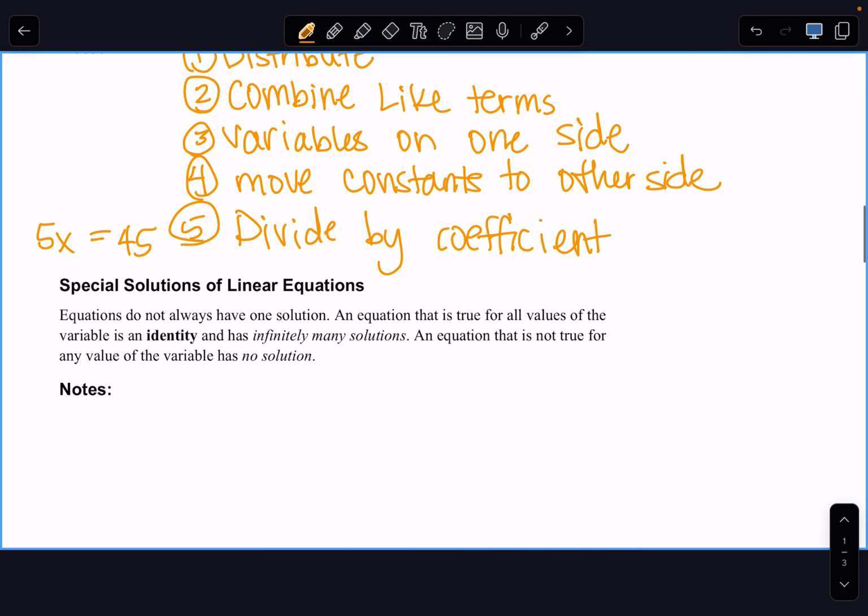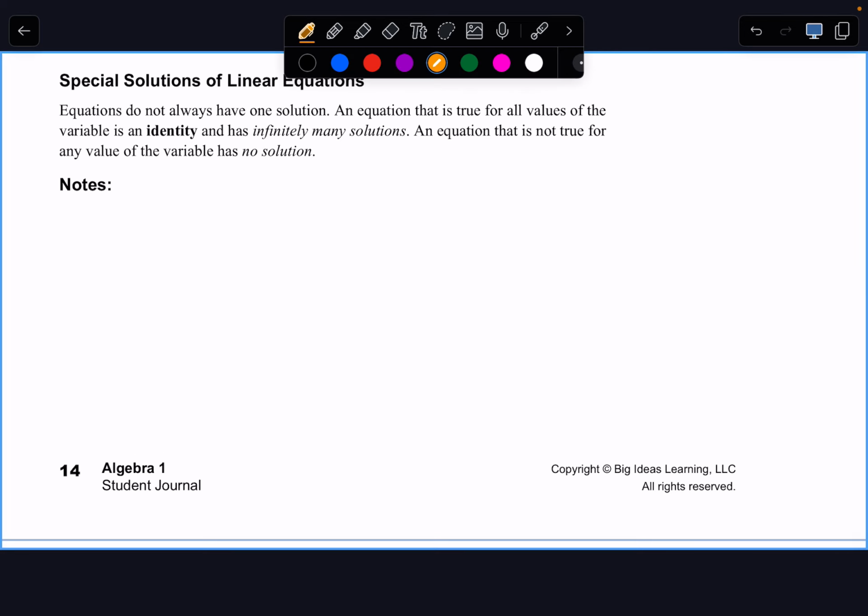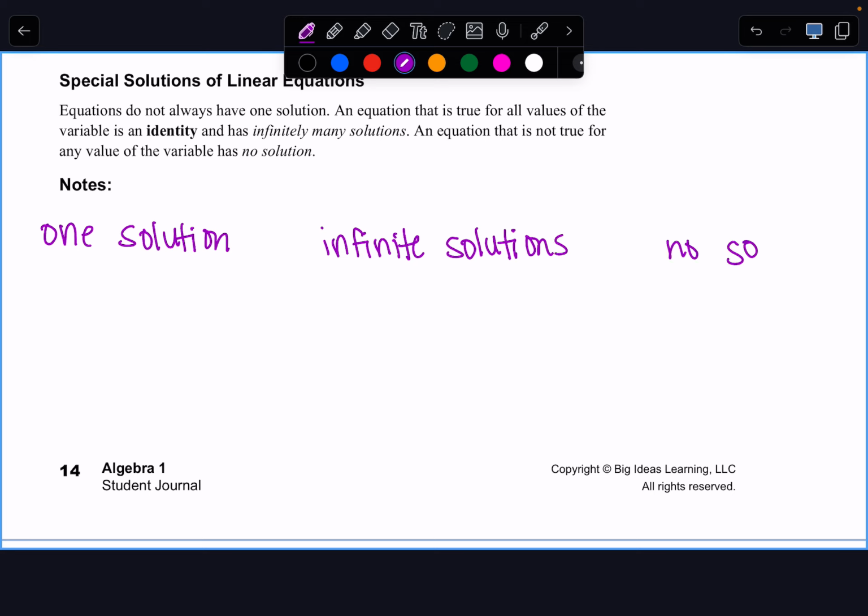Obviously we know that we could get one solution for our problem. That's what we've been getting for the past 3-4 days. But it is possible to have an infinite number of solutions or no solution when we solve an equation. And I'll explain to you what those look like, but let's just write down the 3 first.